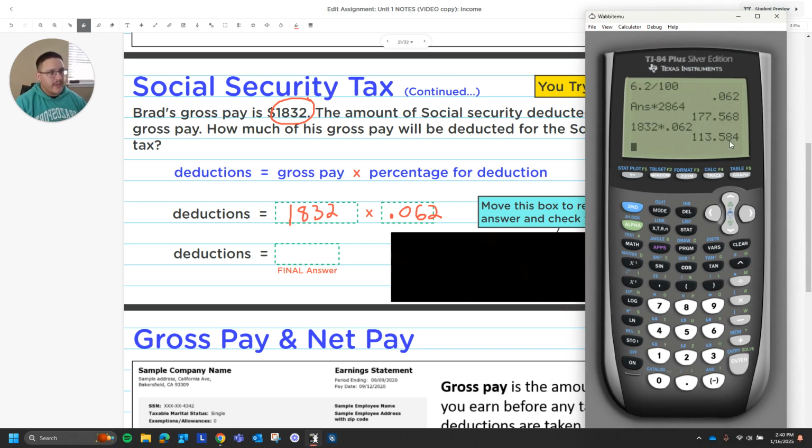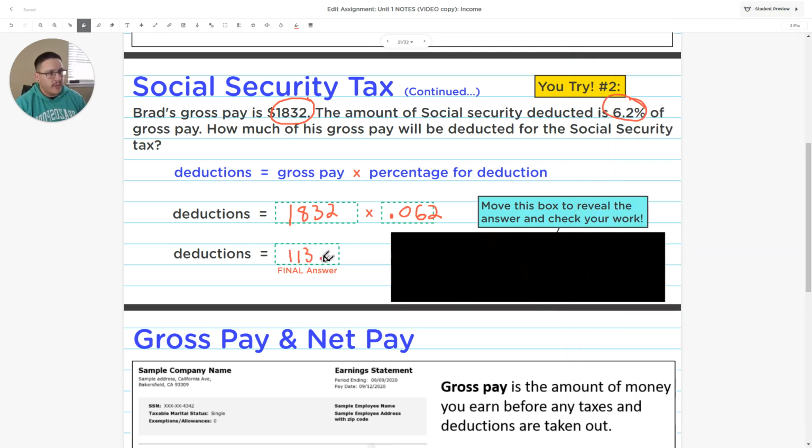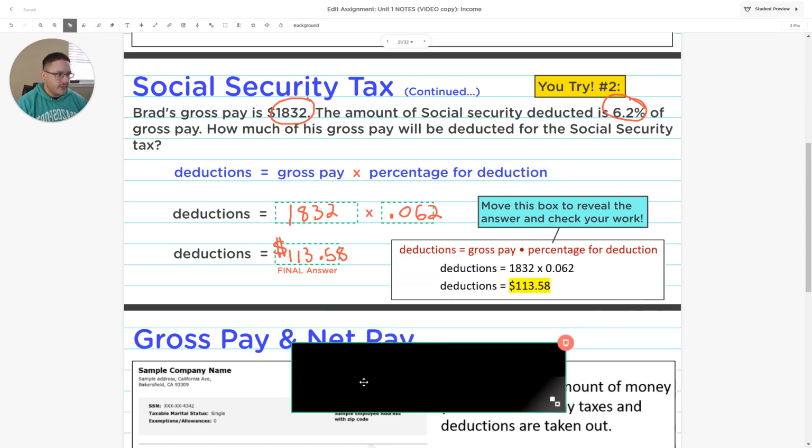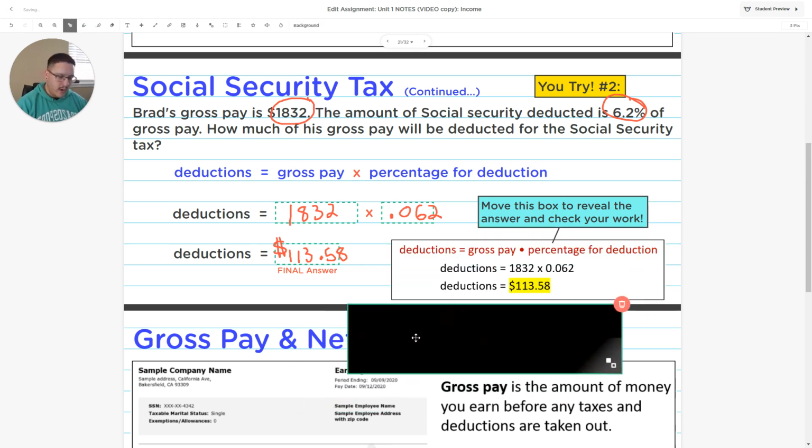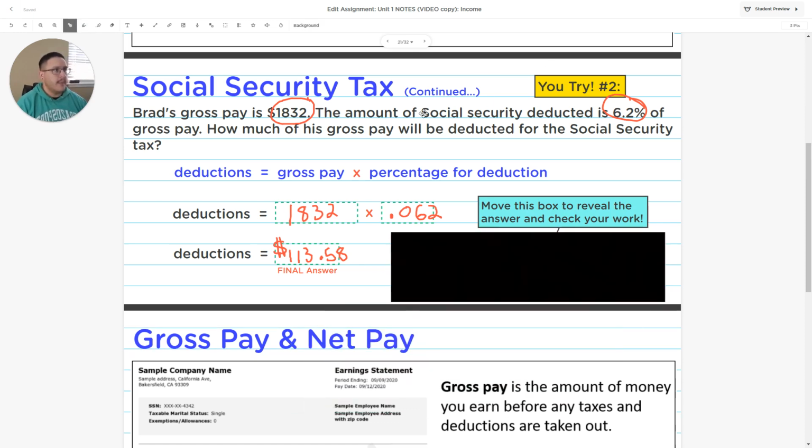And rounded to 2 decimal places, the deductions are going to be 113.58. Let's check our answer, and looks like we are correct. And that's it for you try number 2.